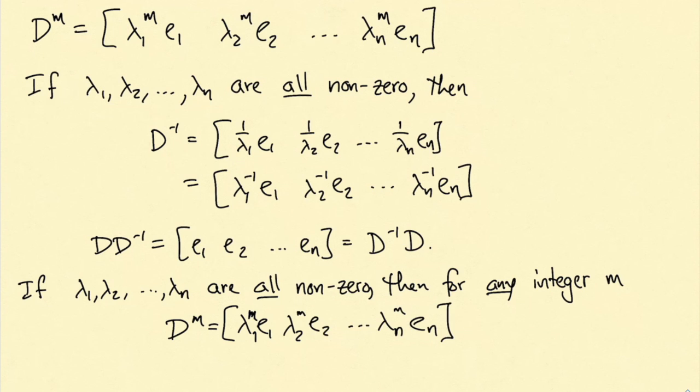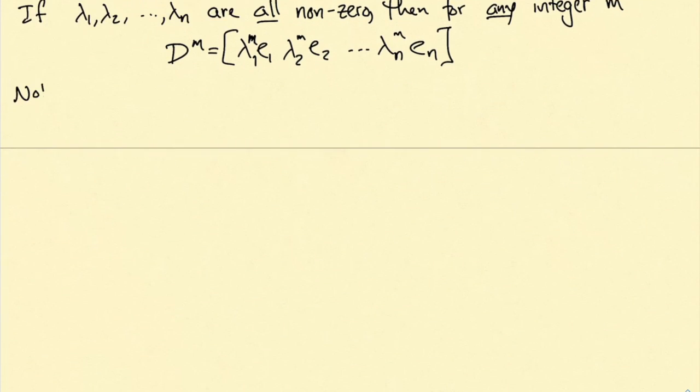If we do not impose this condition, then we must enforce that m is a positive number. And we should note here that because each of the lambdas is non-zero in this case, D to the 0 is simply the identity matrix.